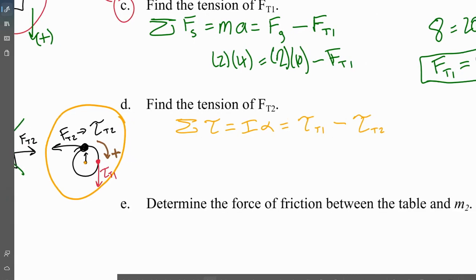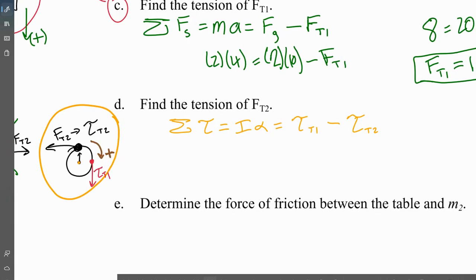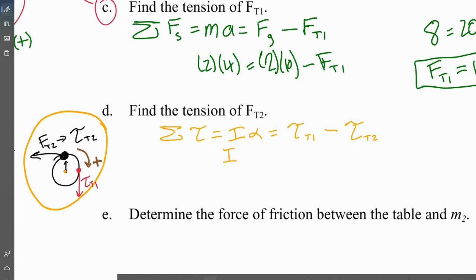Okay. Let's start looking at some of these. Well, I alpha, we're given alpha, so I'll just hang on to them for now because tension 1 is R1 F T1 sine of that theta minus, for tension 2, R2 F T2 sine of whatever that theta is.